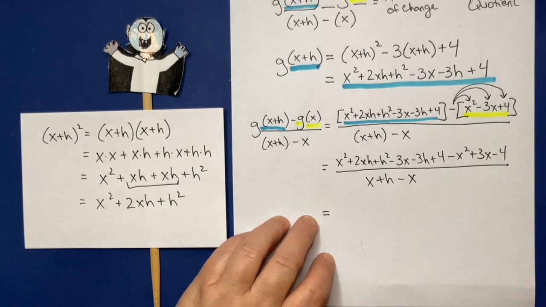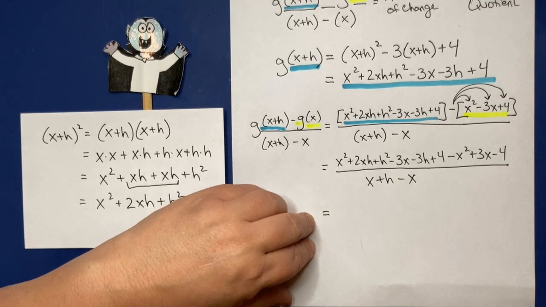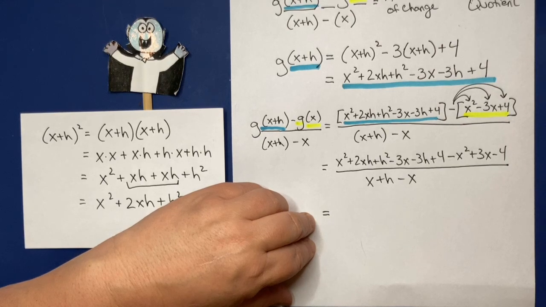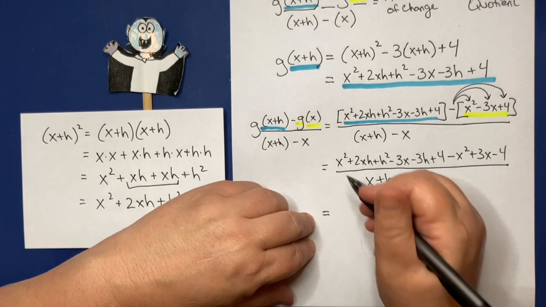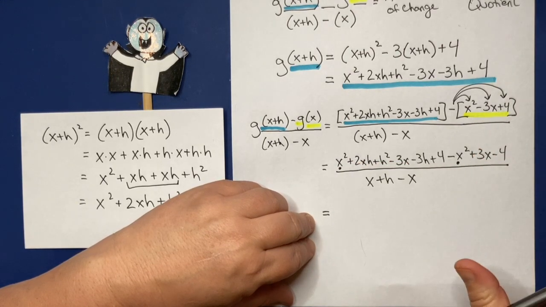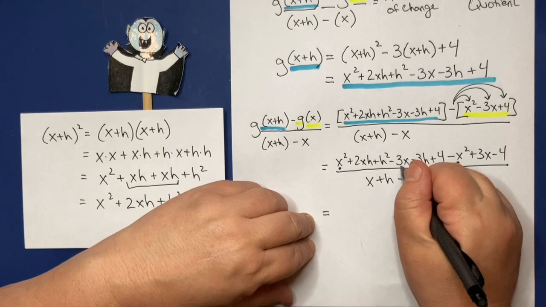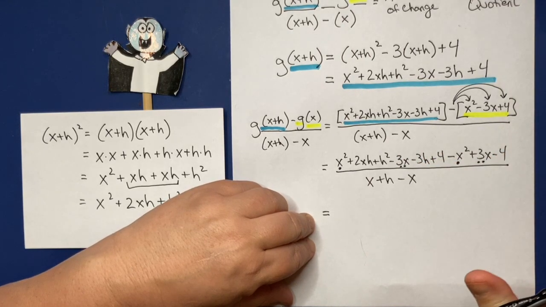Now, I need to identify what cancels. And remember, the hint I gave you back then was that everything that doesn't have an h will cancel. This will work. So I've got an x squared and a minus x squared. They cancel. I've got a minus 3x and a plus 3x. They cancel.